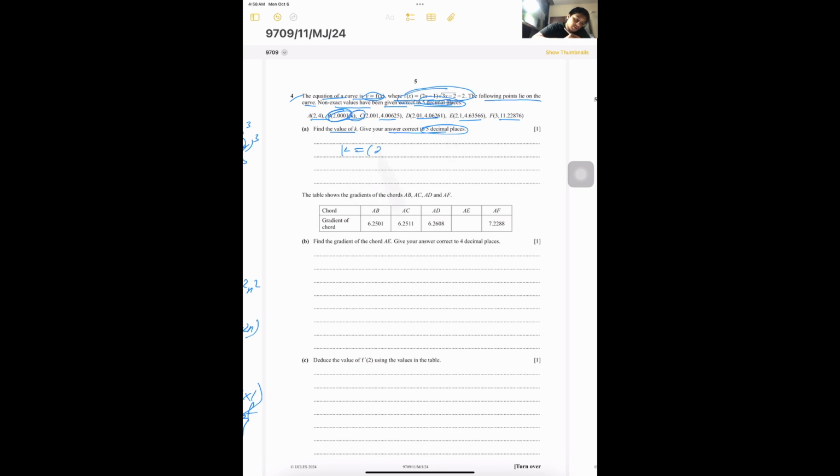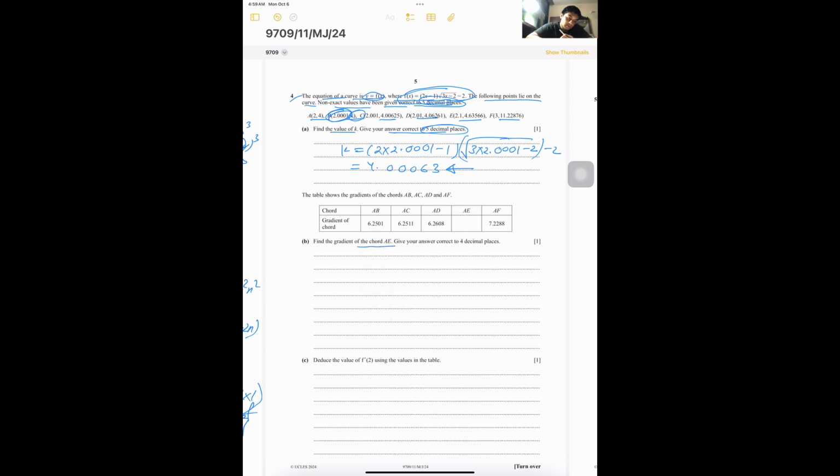So k equals 2 into 2.0001 minus 1, root of 3 into 2.0001 minus 2, minus 2. This gives us 4.00063.